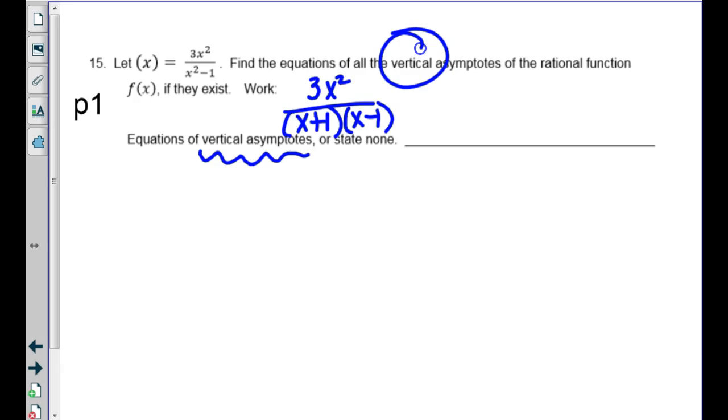What'd you say? Yes, the denominator. What are the values the denominator cannot equal? So there's going to be a vertical asymptote at what equation? That's all. And you will have the card. Okay. Any questions?